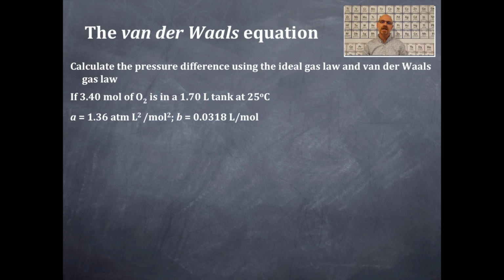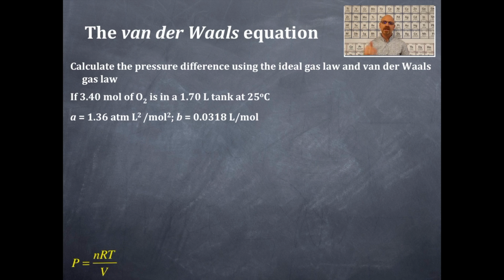So first we're going to do the ideal gas equation, then the van der Waals equation, and then we're going to take the difference of those pressures. Now again, the ideal gas law is a great approximation under most circumstances, but the van der Waals equation really gives you what you need under all situations.